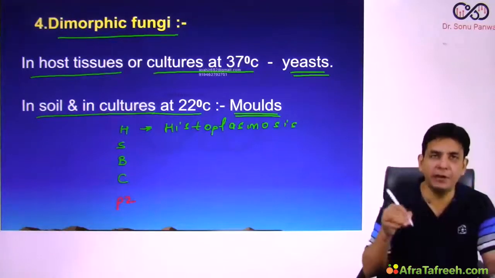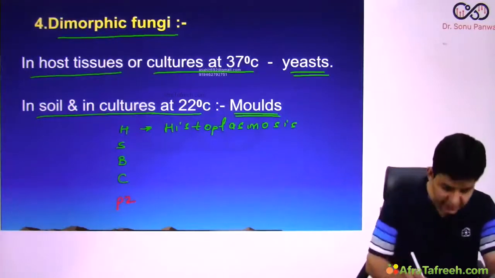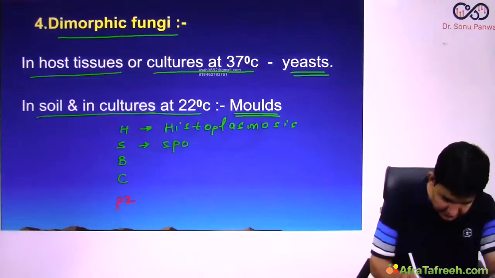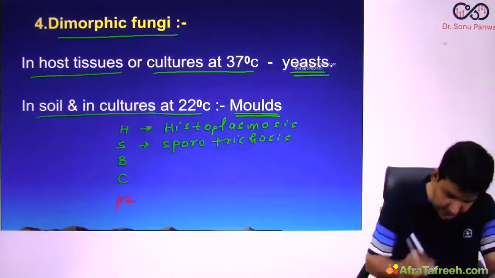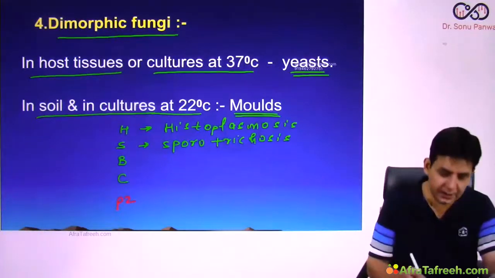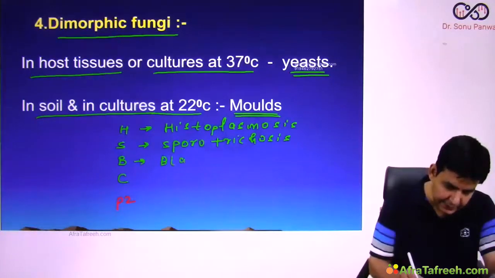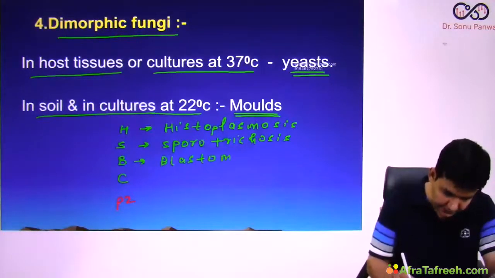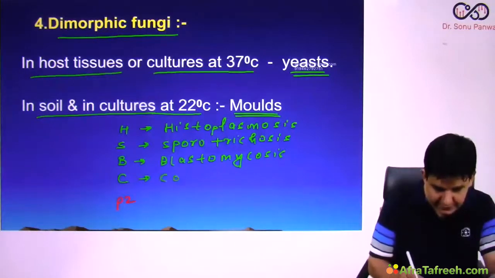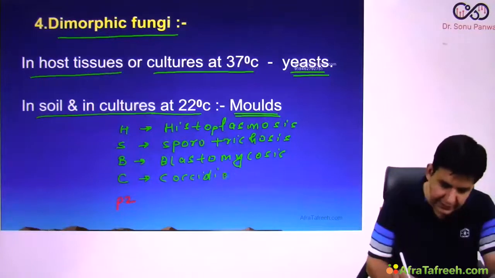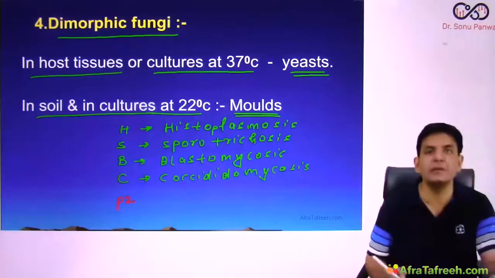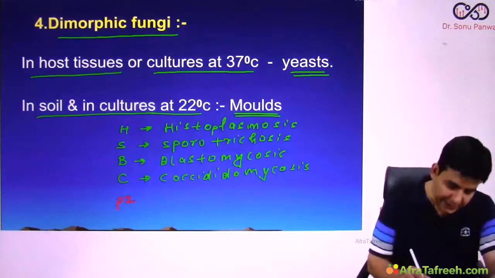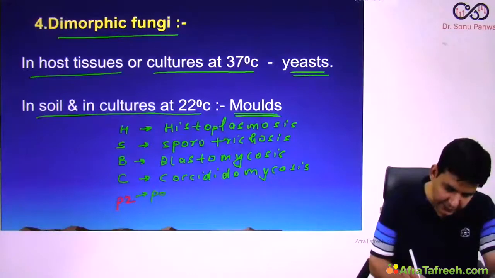I'm telling about the dimorphic fungal diseases. S is sporotrichosis. B is blastomycosis. C is coccidioidomycosis. P square has one of the P's as what?